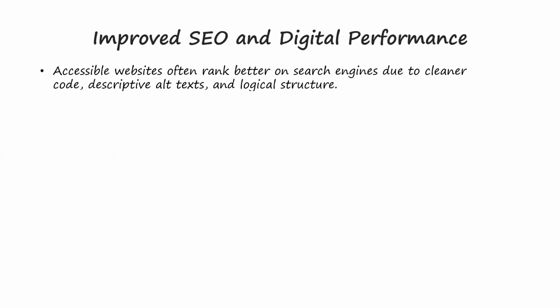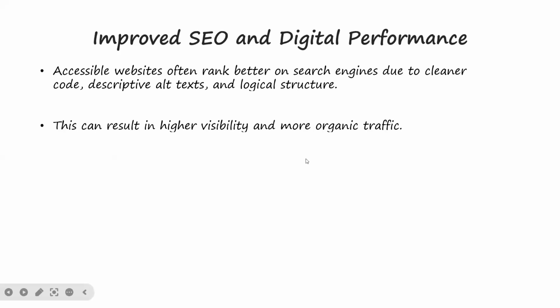Due to cleaner code, descriptive alt text, and logical structure, this is what search engines are looking for. So when you build accessible websites, you are improving SEO. This can result in higher visibility and more organic traffic. And moreover, before I close, search engine optimization is the best way for marketing. We'll be teaching you search engine optimization in this course, so you have to take it seriously too.